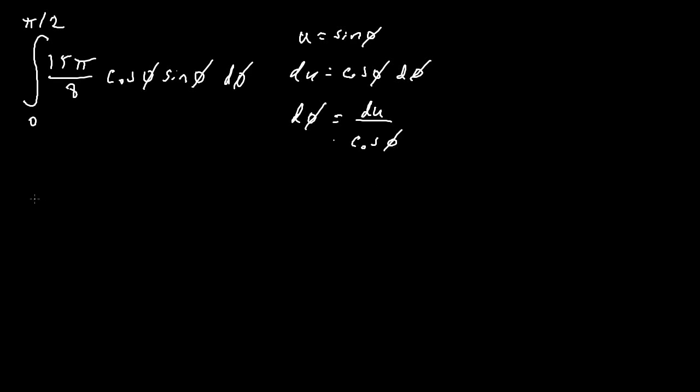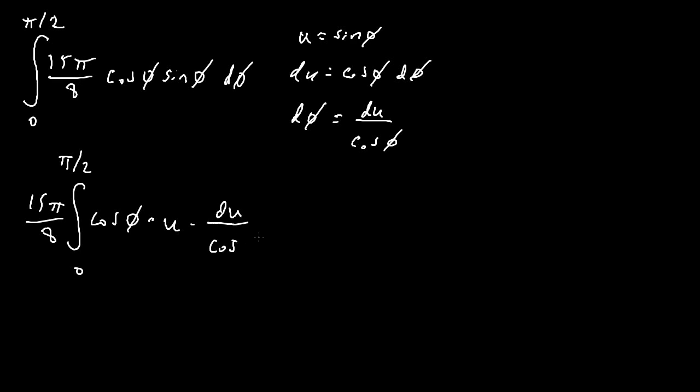Now if I substitute that back into the integral, I'll leave 15 pi over 8 outside as a constant, times the integral from 0 to pi over 2 of cosine phi times u, because I made u equal to sine of phi, times d phi, which is du over cosine of phi. Cosines will cancel, and so we're just left with the integral of u du.